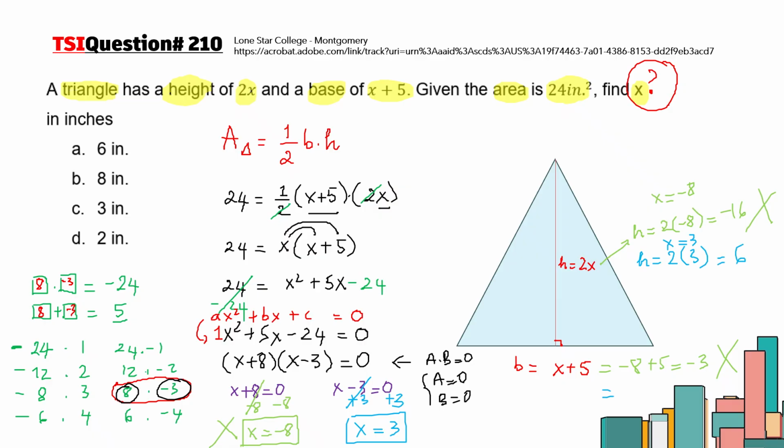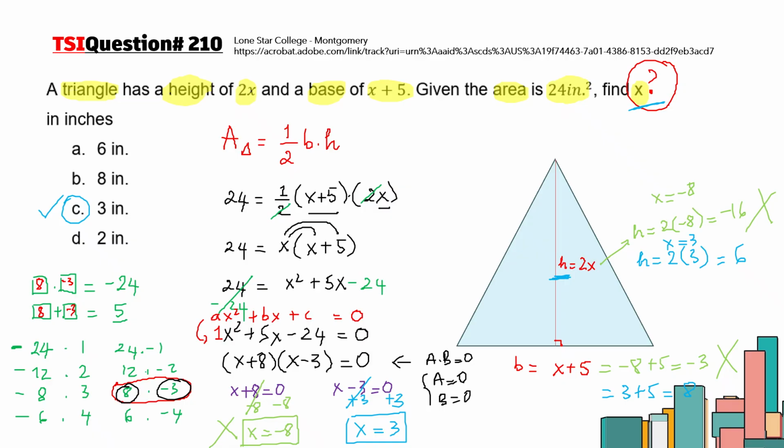The base will be x, which is 3, plus 5, that is 8. If they're asking for those variables. If they're not, just answer what they ask. They're asking for x, so the x value is 3 inches. So C is the correct answer.